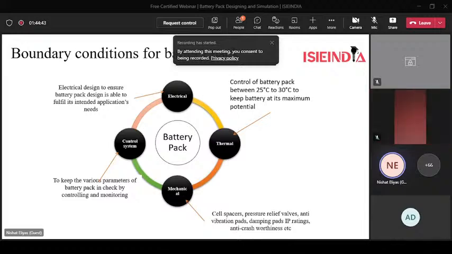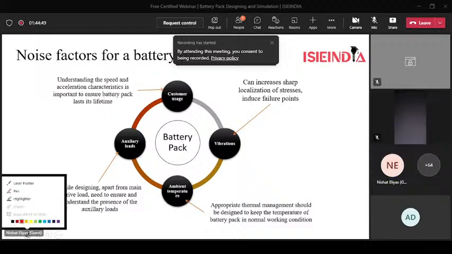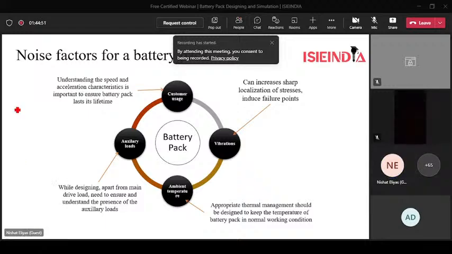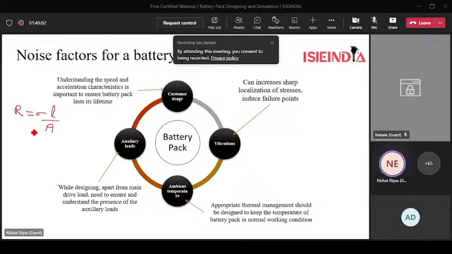We are all aware of the dependence of resistance. The resistance is directly proportional to the length, while it is inversely proportional to the area.